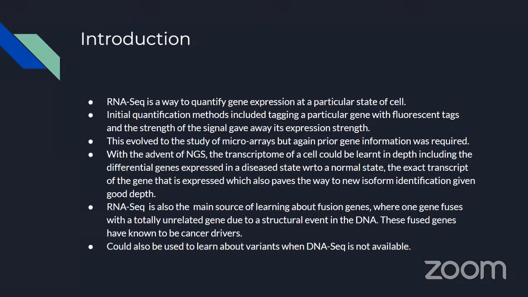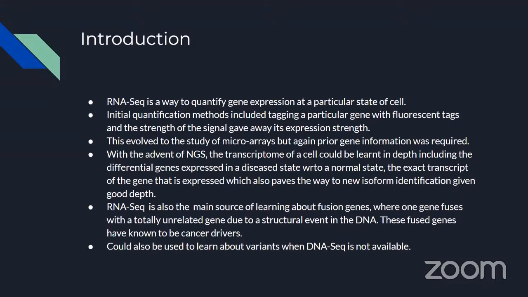But when NGS happened, this led us to look at the transcriptome of a cell without having any prior gene information. The idea is that you take all the contents of a cell, you remove the DNA, you remove everything else that is not suitable for your transcriptome, and then you isolate only the transcriptome and sequence it.